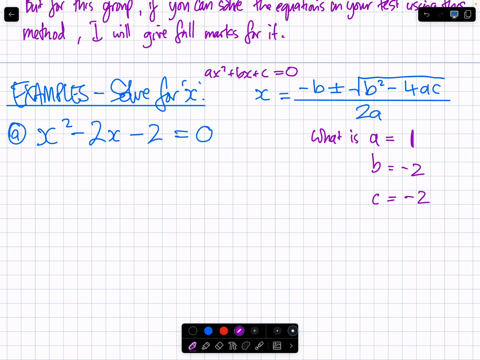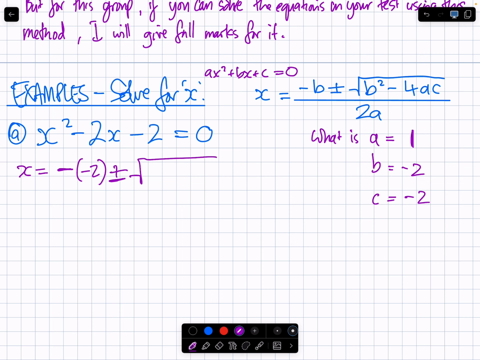So x equals negative. This is where people sometimes stumble. It's negative whatever b is. What is b? So don't be tricked. It's -2. A negative times a negative becomes a positive. Okay? So don't be fooled by that. That's tricky. Plus or minus, like she asked.